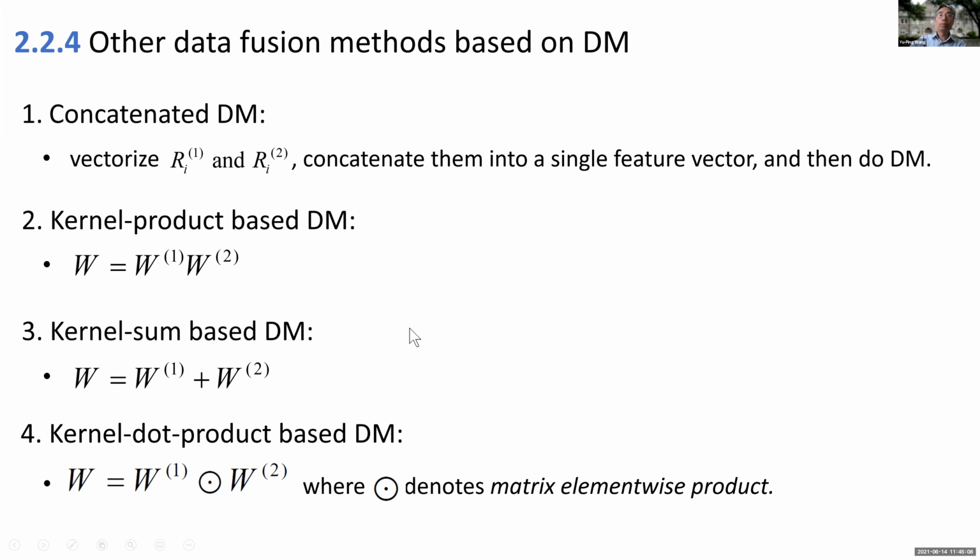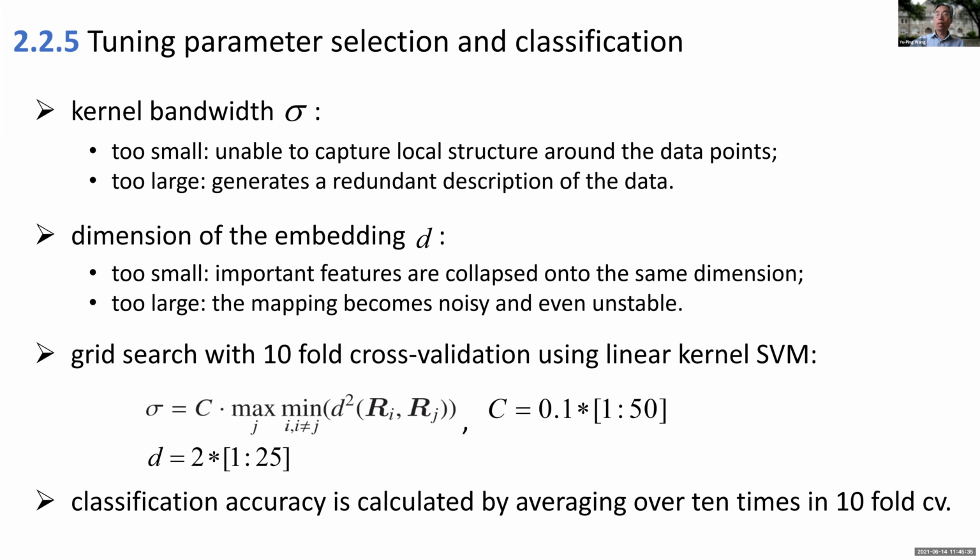We can also use kernel product, kernel sum, and kernel dot product to combine the information contained in two modalities, followed by diffusion map. We will compare these different approaches when performing the diffusion map based classification.